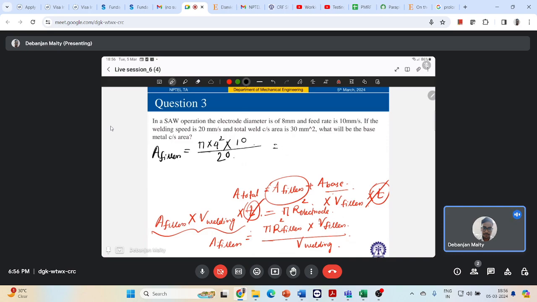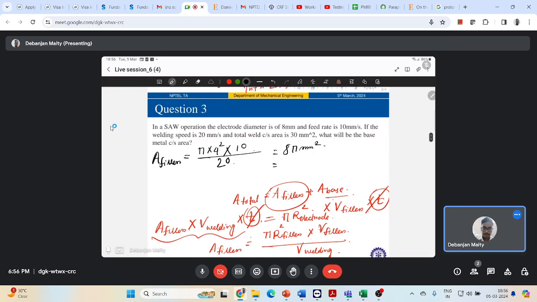So I'm getting it as 2, 8. So 8 pi mm square is my filler area. With pi as 3.14, it's something around 25 mm square. I'm not going to the exact value.